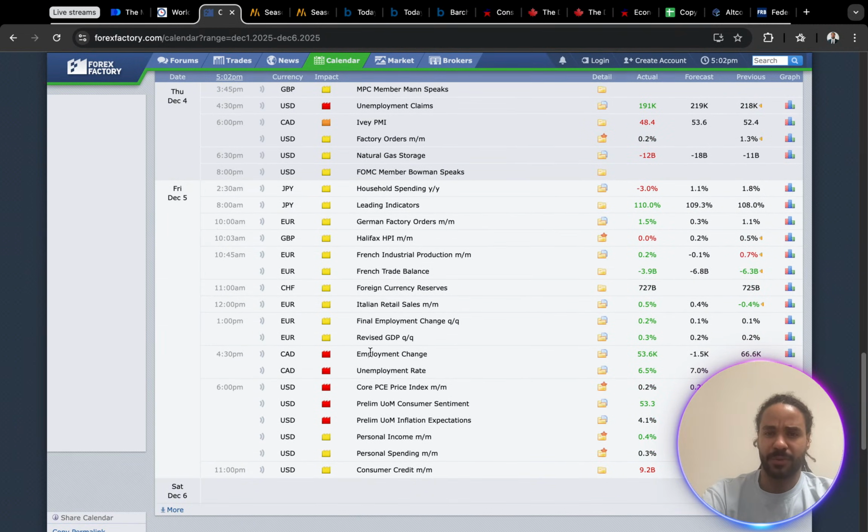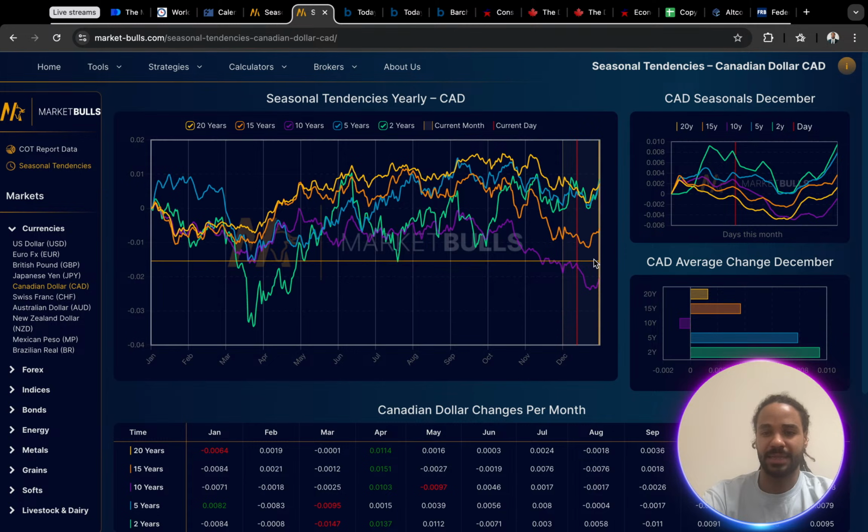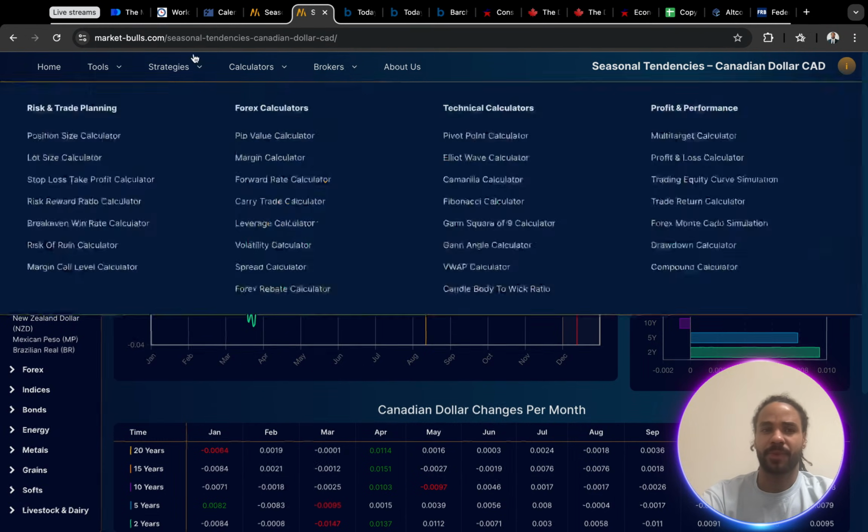unemployment rate. Now this is very important, guys. Look, employment change, we went through this, was a whopping 53,000. We had unemployment rate at 6.5%. This was already strong. So having that background information, that understanding that the Canadian dollar was somehow stronger, despite the fact that we had a drop, right?